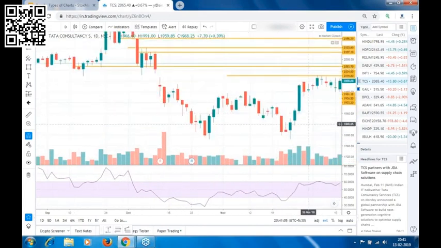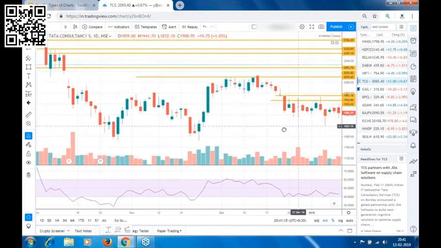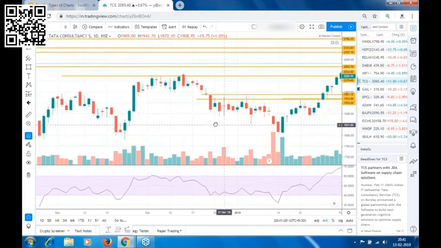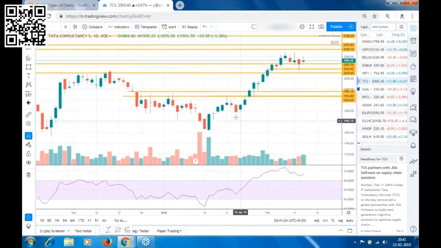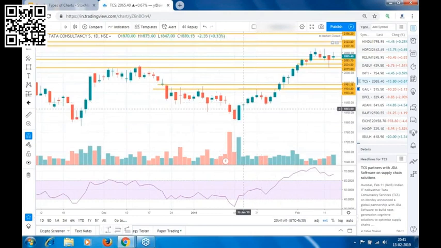I want you to practice as much as possible, not only to find the candlestick pattern, but also to observe how the stock has moved after the formation of the pattern. If a bullish engulfing pattern is formed, how has the stock moved? If a bearish engulfing pattern is formed, how has it moved? Because this is what is going to help you in your further technical analysis.